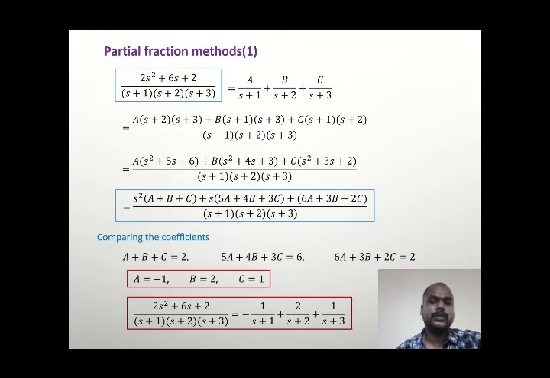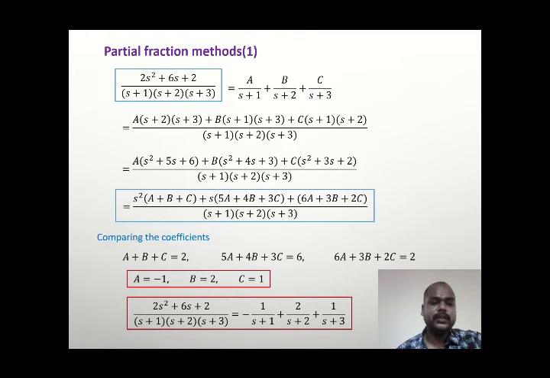have first term a e^(-1t) and b e^(-2t) plus c e^(-3t). To solve this, we apply the simple partial fraction method, and we can have a denominator and numerator.